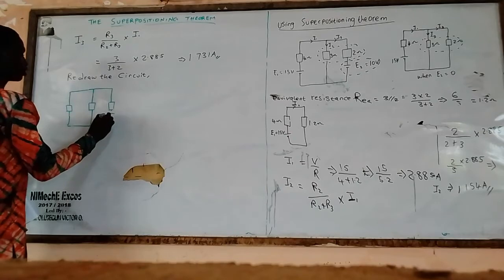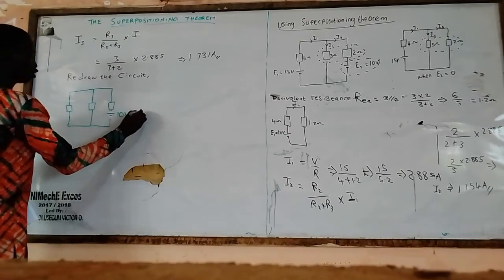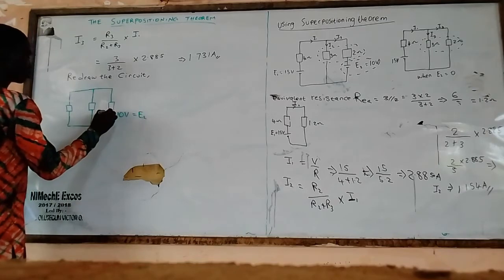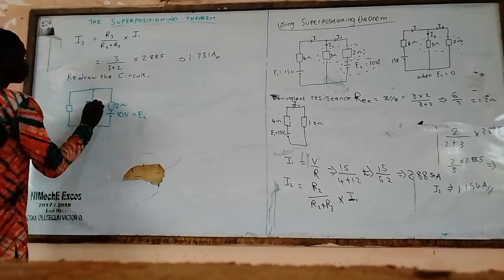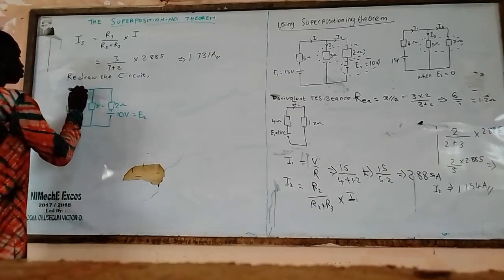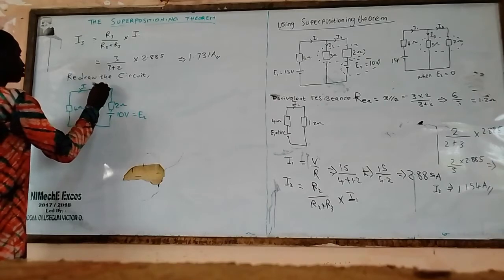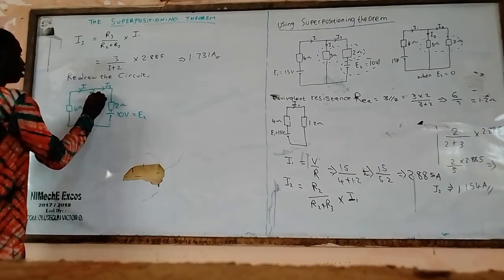Here we'll have voltage, which is 10 volts. That's our E2. Here is 2 ohm, 3 ohm, 4 ohm, I1, I3, I2.